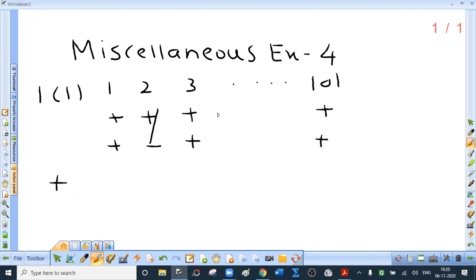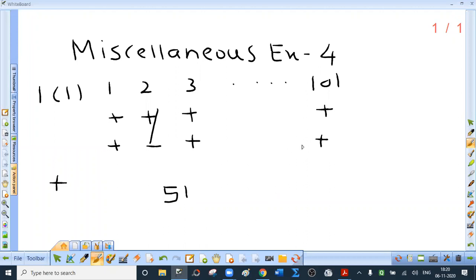It is true that each term occurs twice, right? But suppose the term is x raised to 100, x raised to 100 plus x raised to 100, these are not two different terms. These are like terms. I can say that it is 2 into x raised to 100, simple. And therefore, there are how many terms? 51.